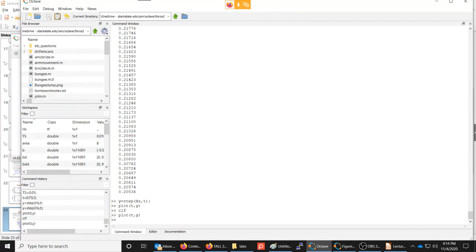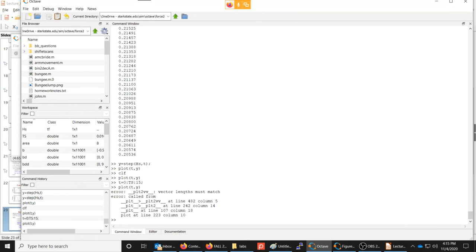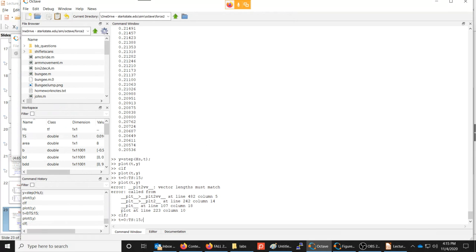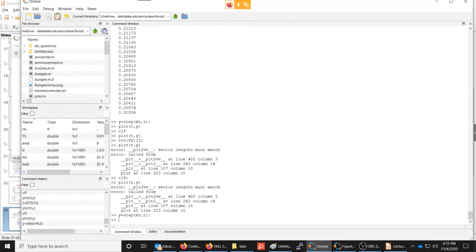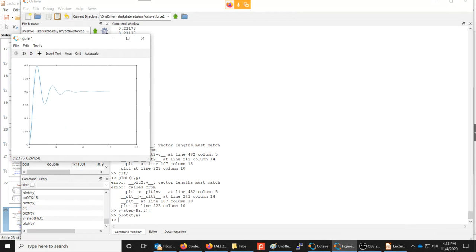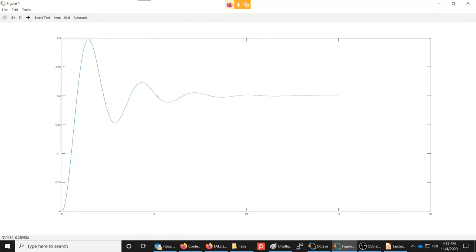It hasn't settled out. So I've got to recall my t, and I'm going to run it for 15 seconds and see if that's any better. Okay, again, I should probably clear my figure. And I need to recalculate. This is why we do it in M files, so you can just have it done. So here you can see, now this was too long, so I ran it for 15 seconds.